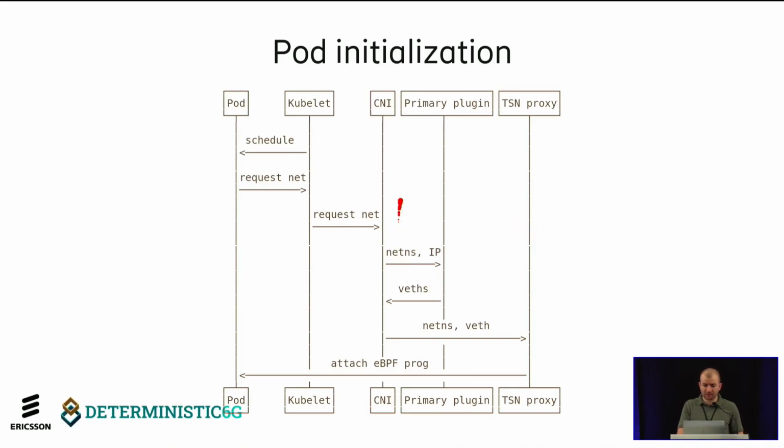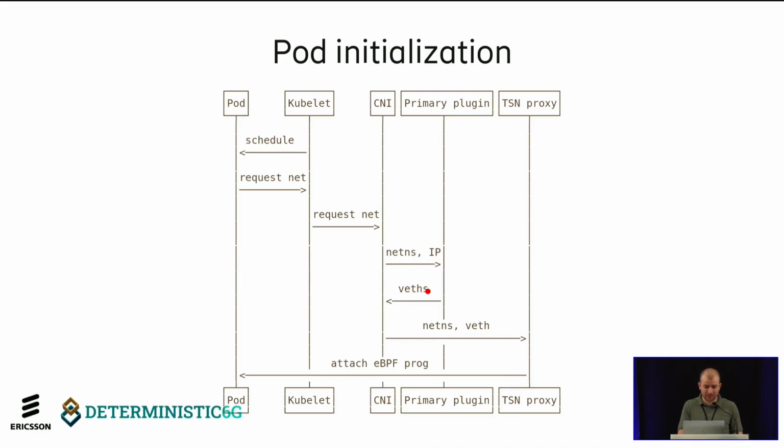The CNI instructs the first plugin to please use this network namespace and IP and configure the network. This primary plugin gets back to the CNI with the VETH and some other data.